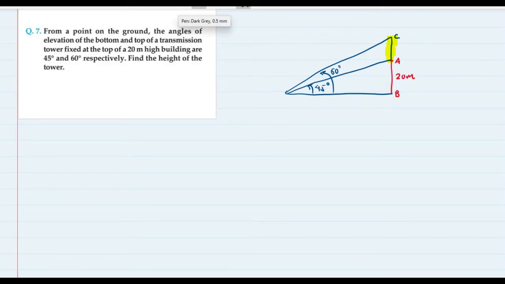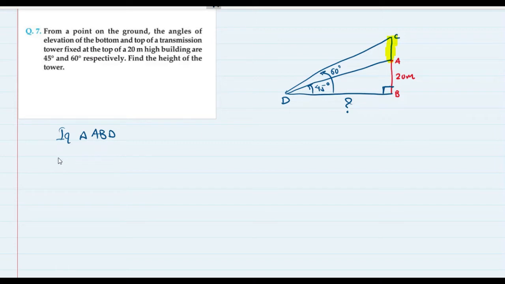So first question I would like to ask, let's say this point is D, what is BD? We don't know what is BD, so first we have to find BD and then think ahead. Okay, so this is 90 degrees. Now first we are going to consider triangle ABD.